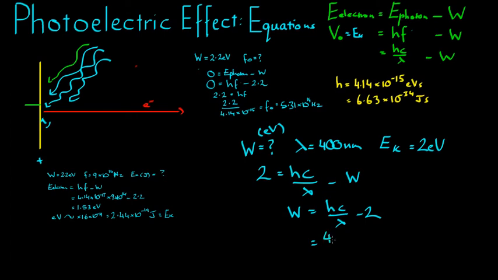So this is equal to 4.14 times 10 to the negative 15 times 3 times 10 to the 8, that's the value of c in a vacuum, divided by, sorry, that's the speed of light in a vacuum. The value of c is always 3 times 10 to the 8, divided by 400 times 10 to the negative 9, take away 2.